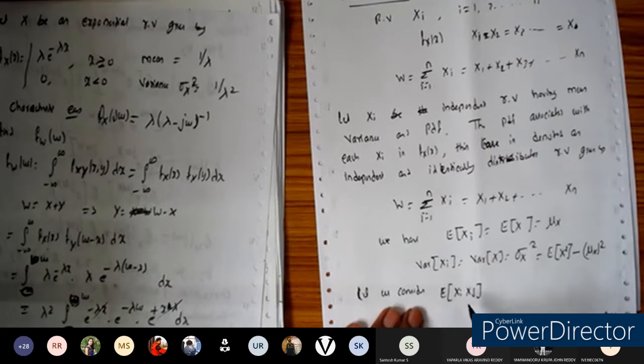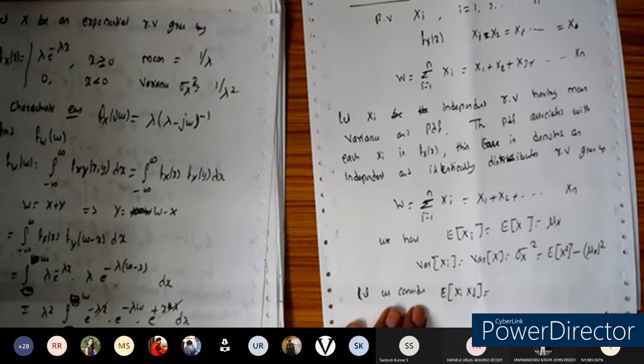The correlation of Xi and Xj, since they are independent, we are going to take in different cases.